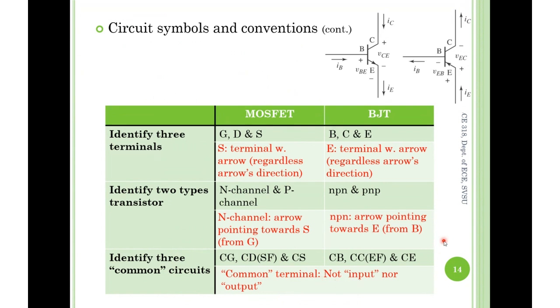Of course, 1 out of 5, because one of them has been occupied by the input. So the output is definitely 1 out of the remaining 5. And then the left terminal in the circuit is the common terminal. This is how we identify the common circuit. Any questions?